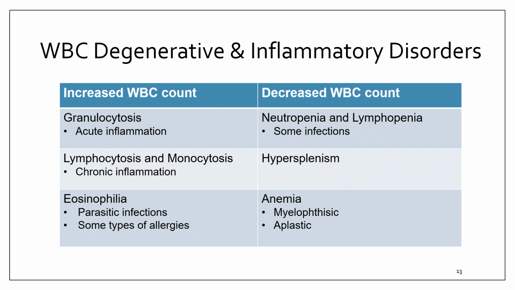Increased white blood cell count. So when white blood cells go up, we call it leukocytosis. And the specific name depends on which cell type is elevated. So granulocytosis, this usually means an increase in neutrophils, which is the most common, and sometimes bands. It's most often associated with acute inflammation, bacterial infection, tissue necrosis, and stress response.